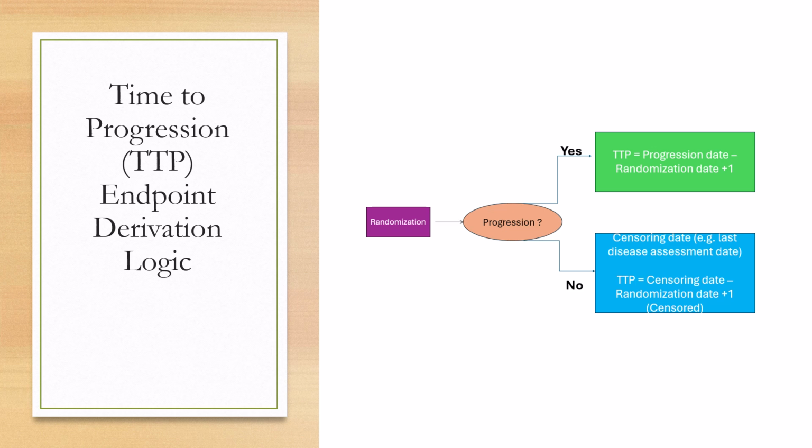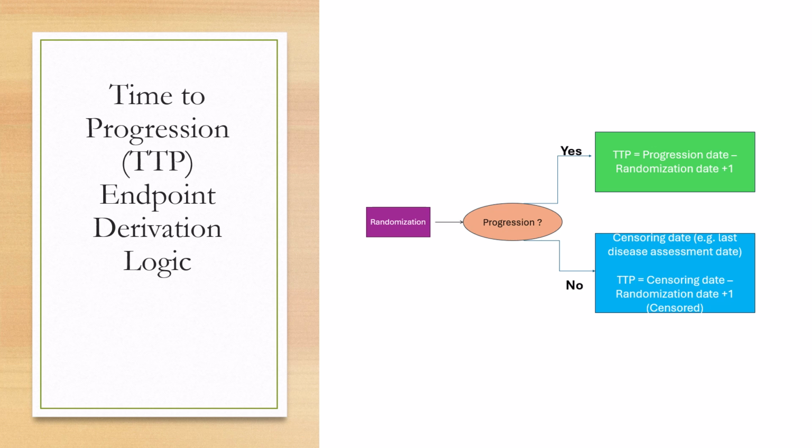Step 2 is to define the start date of TTP. The start date for TTP is typically the date of randomization or the date of first dose of treatment. The next step is to define the end date of TTP.